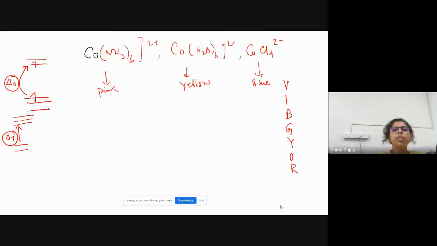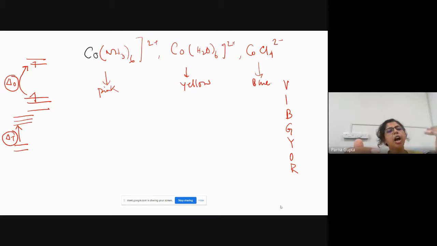So this depends on how much energy is absorbed. If some energy is absorbed when you give light, the rest of it comes back to you. Blue is at a higher energy because this del t is very small, so it absorbs low energy to go to the upper level and most of the energy comes back to your eyes. Now for ammonia and water, yellow has more energy than pink.